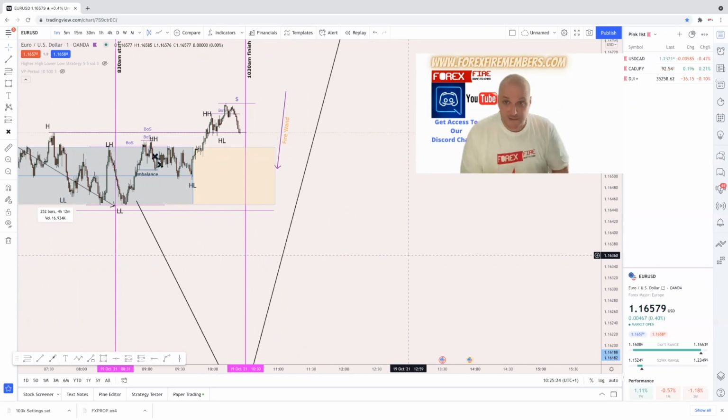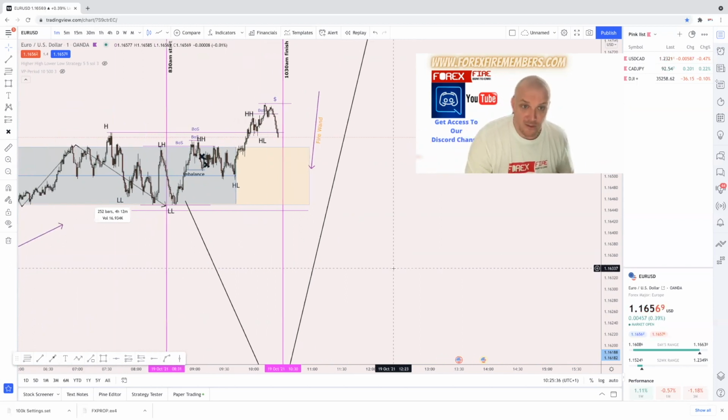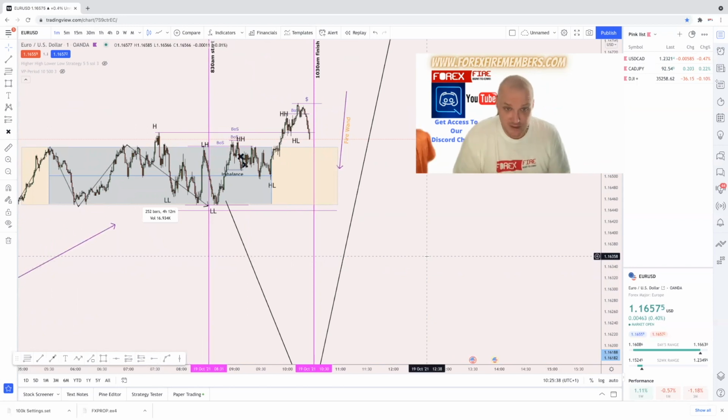Because over time, when you're trading a solitary pair, like what I'm doing here, you become accustomed to how the price is reacting and behaving.